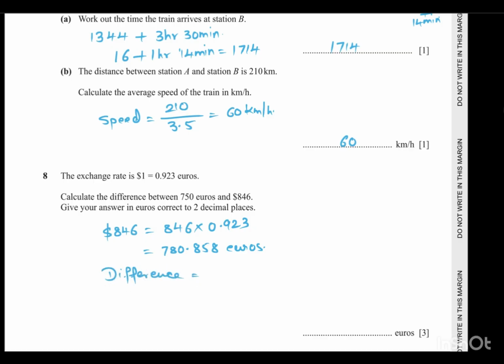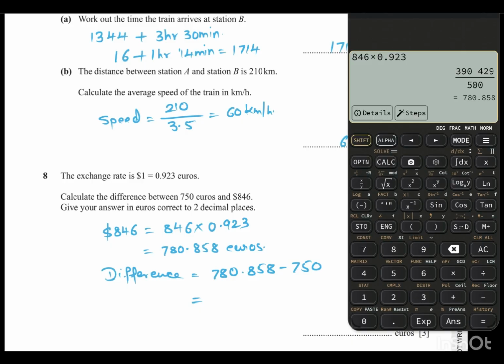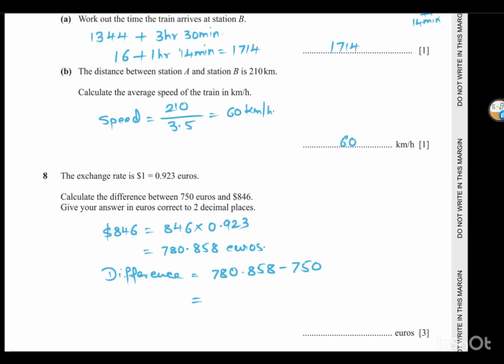So now we got the $846 as 780 euros, which is more than 750, so we'll take that first. From that I will subtract 750 euros. So let me take the answer here, minus 750. I will get 30.858.